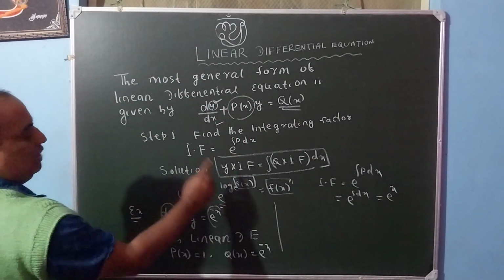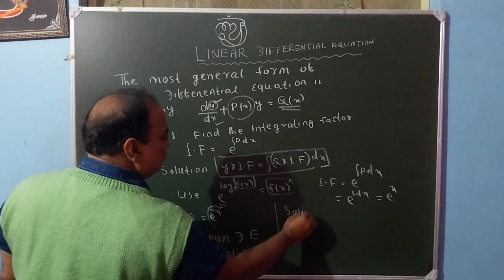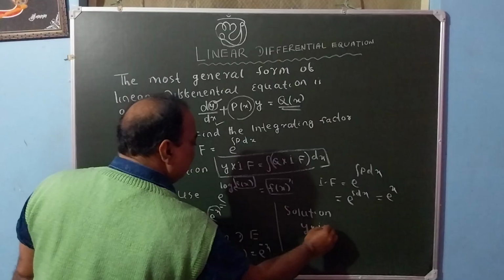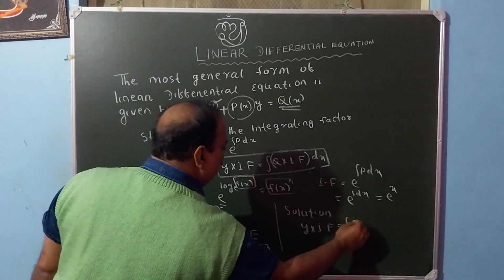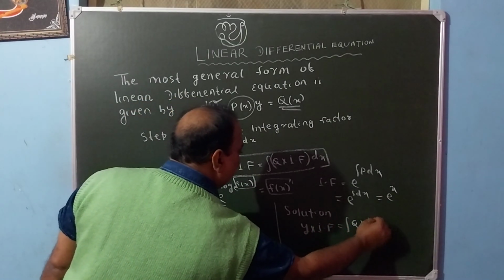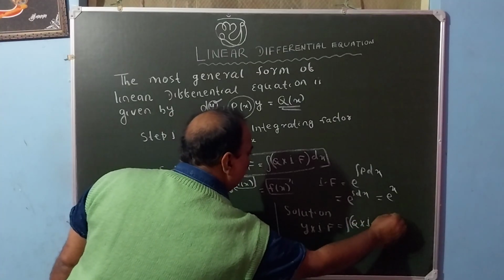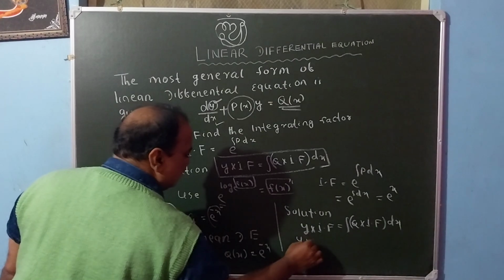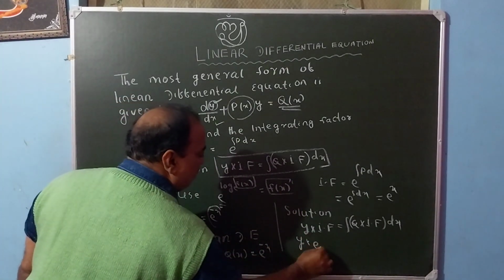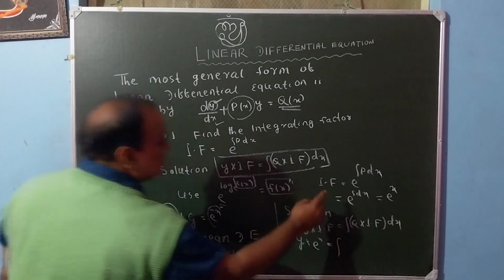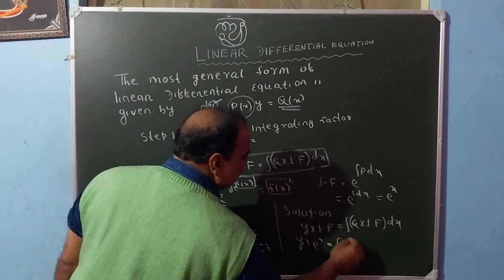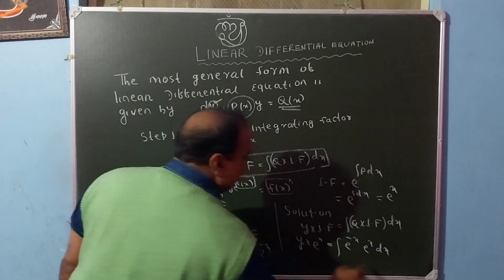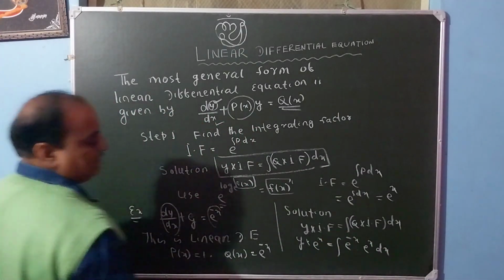Then step 3, solution. Write down the solution: y into integrating factor is equal to integral of Q into integrating factor dx. So y, here the integrating factor is e to the power x, is equal to integral of Q, here e to the power minus x, into integrating factor e to the power x, into dx. e to the power minus x into e to the power x, that is cancelled.